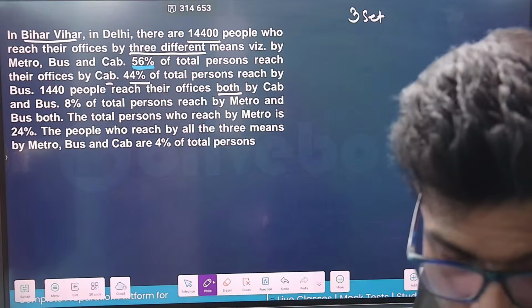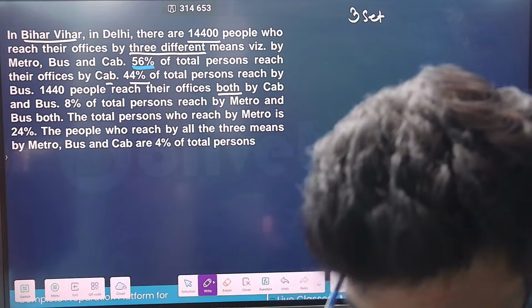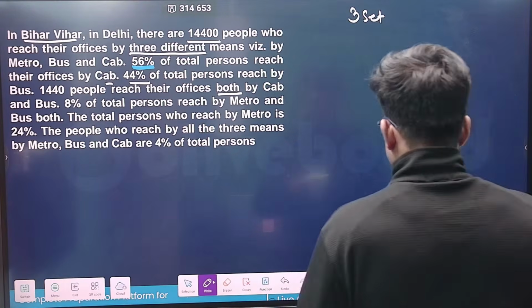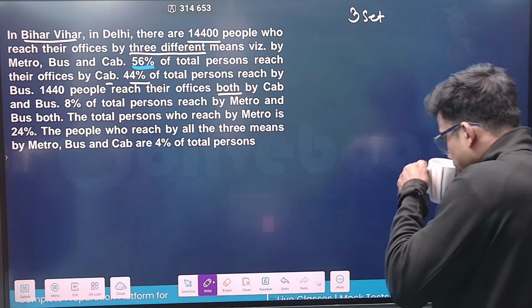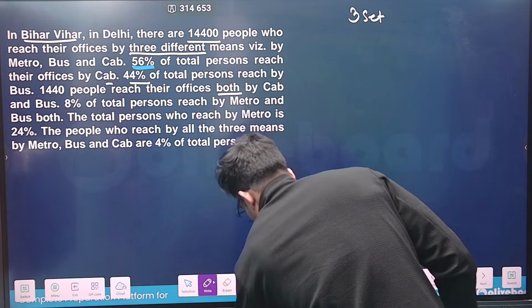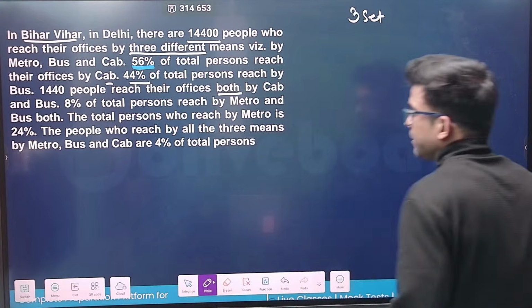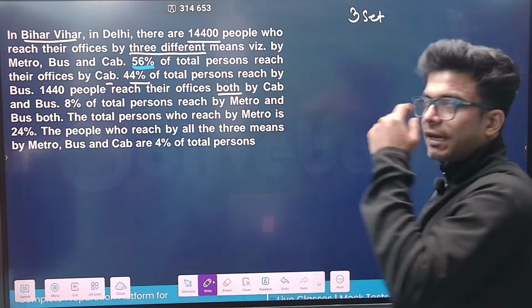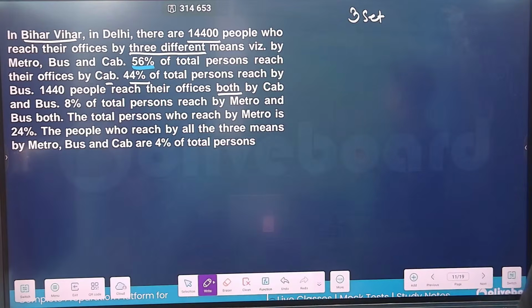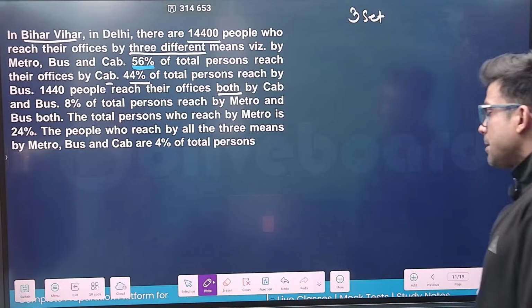That's why you're getting both. Correct? Please comment, everyone. So first of all, try to make a Venn diagram, because it is pretty clear that we need to make a Venn diagram for it.